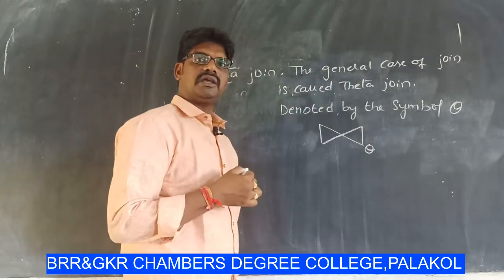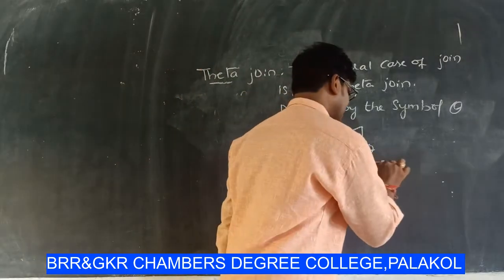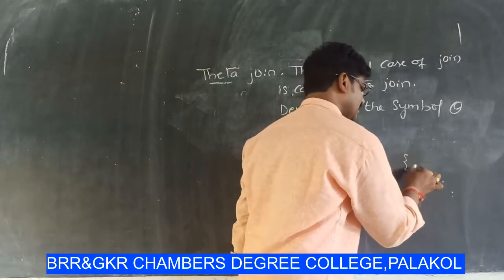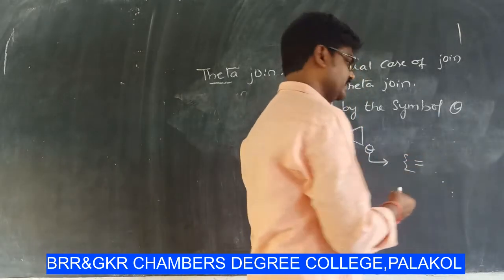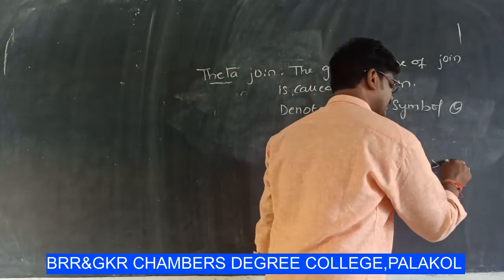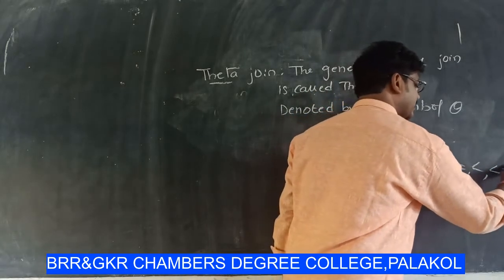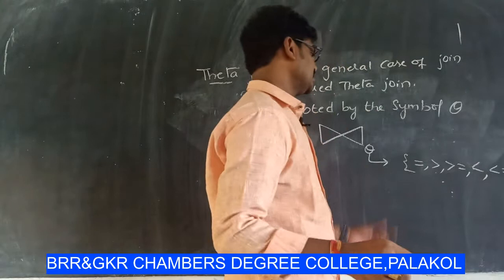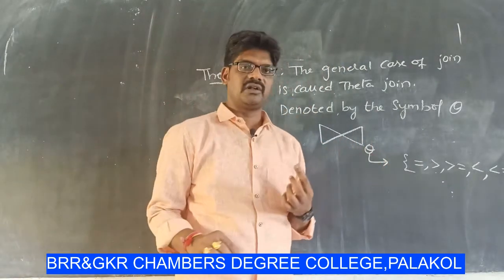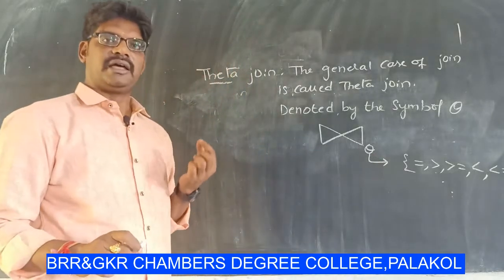Here theta contains some comparisons like equal to, greater than or equal to, less than or equal to. All these comparison conditions are used in the theta. Let us take an example.